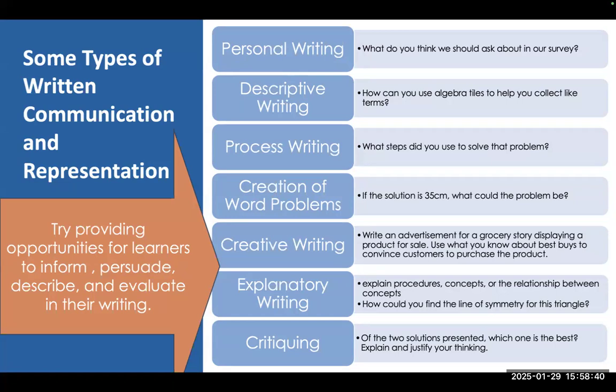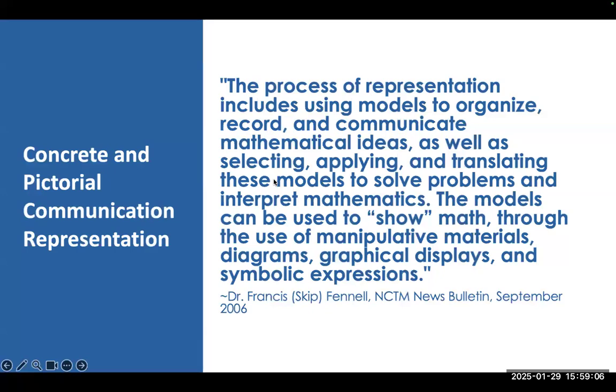You can offer opportunities for students to do some personal writing, descriptive writing, process writing, creations of word problems. You can create opportunities for students to do some creative writing, explanatory writing, critiquing. And you've got some examples on the screen to see what that might look like in different contexts.